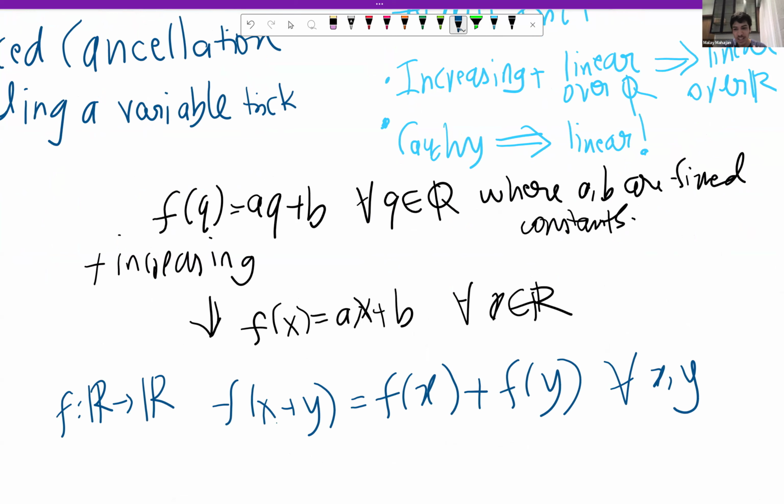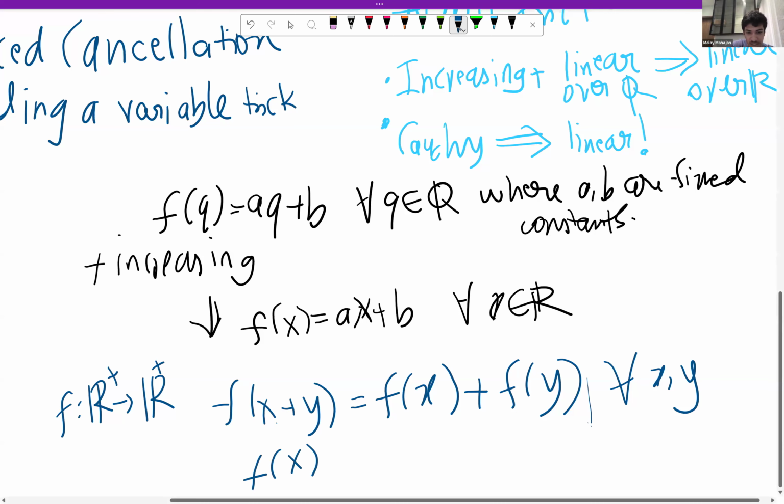And suppose you infer this in an R to R problem, then you are not done. But if the problem is R plus to R plus, then you're actually done, because when I said it's from R plus to R plus, you know that f(x) is greater than 0 for all x.